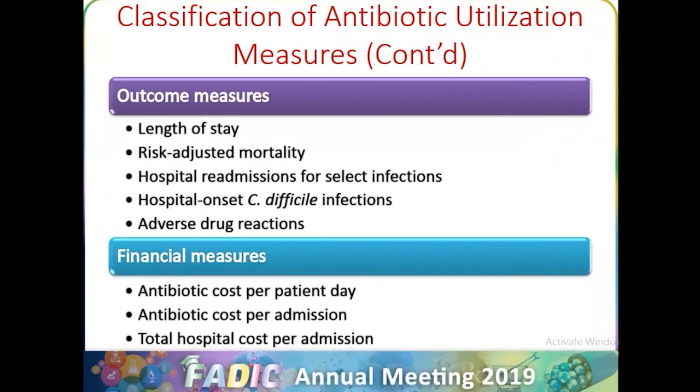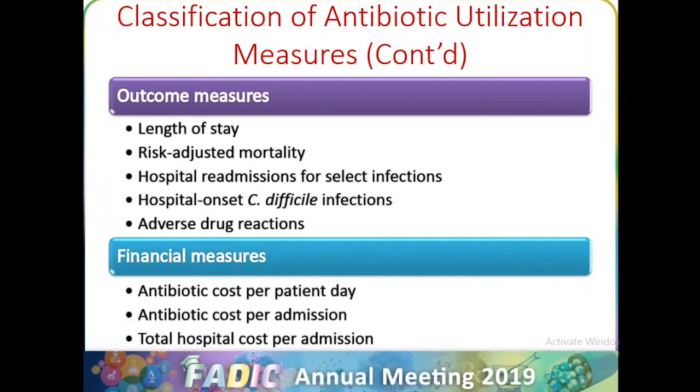The last type of measures is the financial measures. As I mentioned earlier in the background, antimicrobial resistance has a major impact on the economy. So it's important to measure this from a financial point of view in order to see how antimicrobial stewardship is improving the economy and the financial status of the hospital.